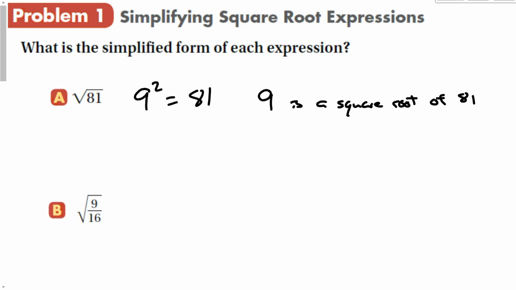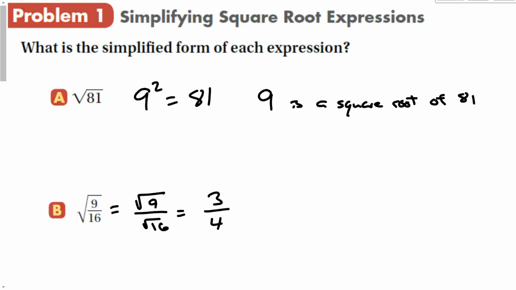We can also do it with fractions. And it's best to look at fractions as two separate things. Look at the top, look at the bottom. Because 9 and 16 don't reduce, we cannot reduce those at all. But I can think of this as the square root of 9 over the square root of 16, which is 3 times 3 gives me 9, and 4 times 4 gives me 16.